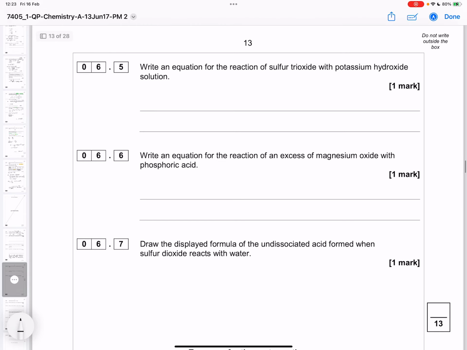So the next part of the question asks us to write an equation for the reaction of sulfur trioxide, SO3, with potassium hydroxide, KOH. So sulfur trioxide is going to act as an acid. So when sulfur trioxide acts as an acid, it forms the negative ion in the salt. The acid always produces the negative ion in the salt, and sulfur trioxide forms sulfate, because the sulfur is in a +6 oxidation state.